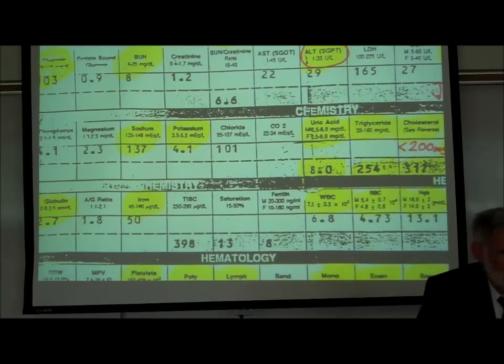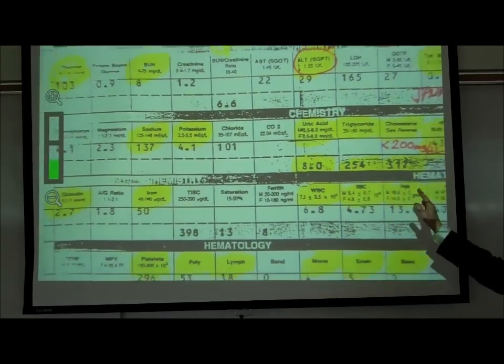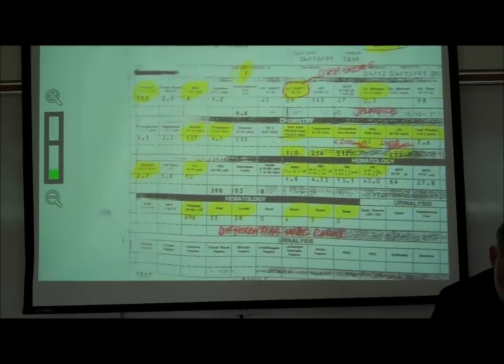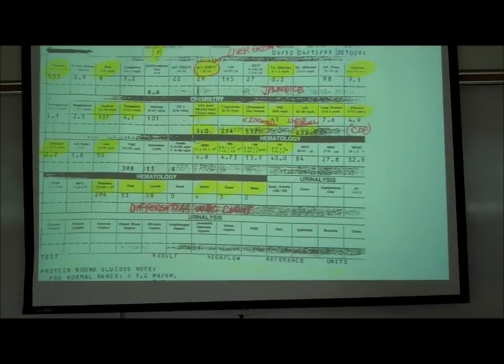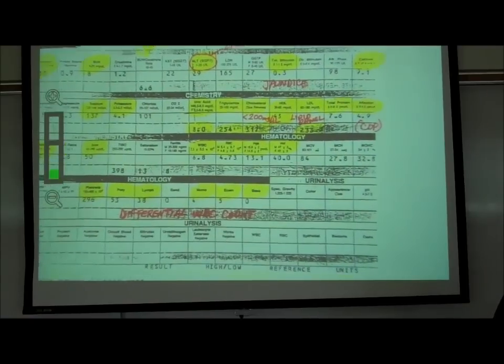But I would say the most serious problem that she has, just based on her blood work, is those really high levels of cholesterol and LDL.